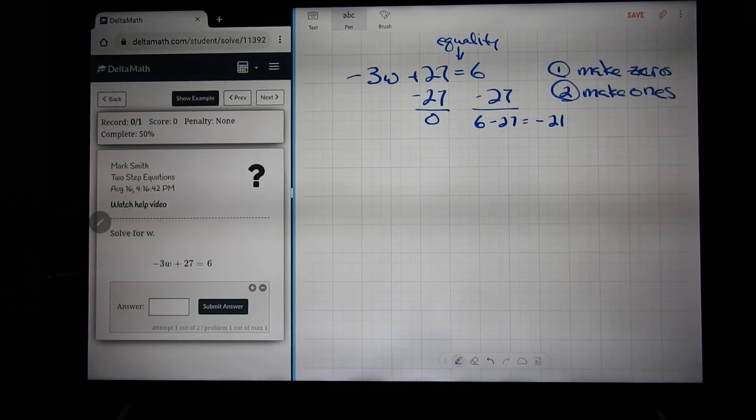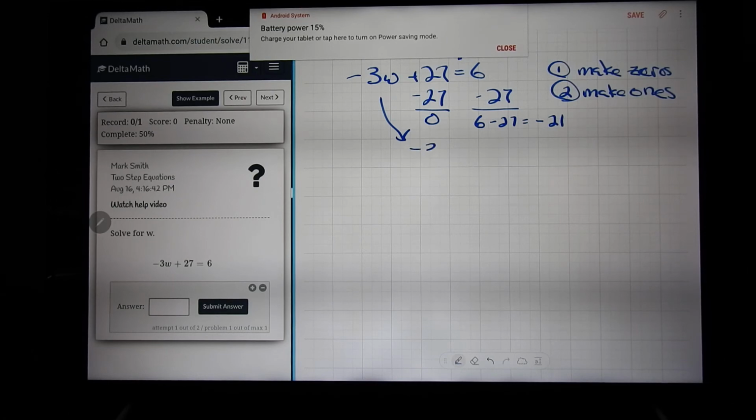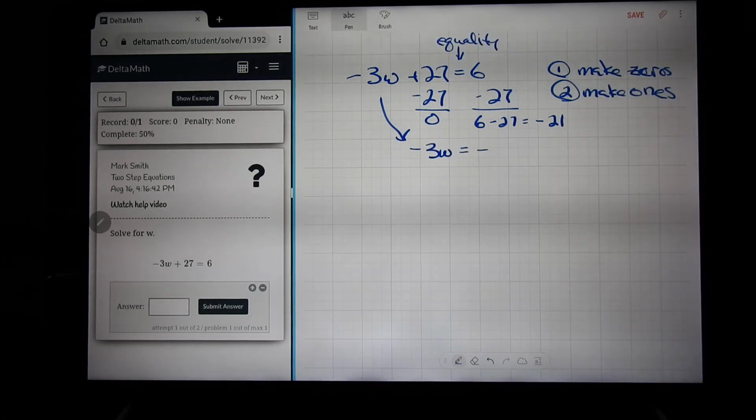All right, so now here's what we have left. We have a negative 3 w. Oh, I have to hurry up. I only got 15% left. And a negative 21. Those are our two things. Now, can we make the negative 3 into a 0? Well, let's think about that. It doesn't really make any sense to make it a 0 because it says negative 3 times w.